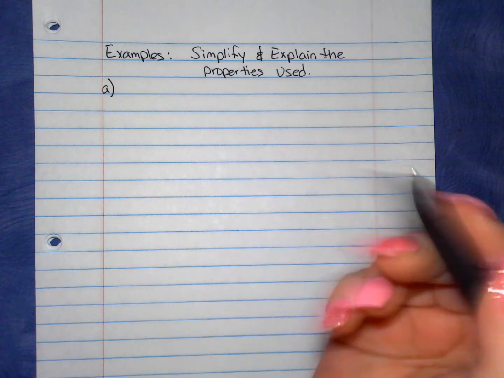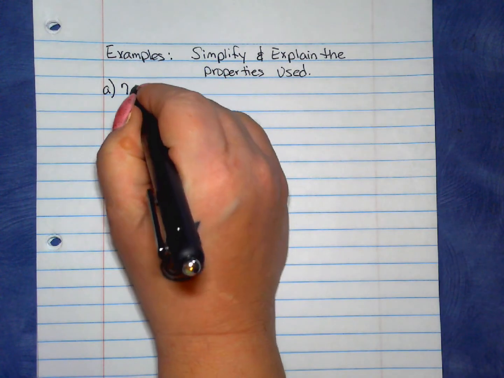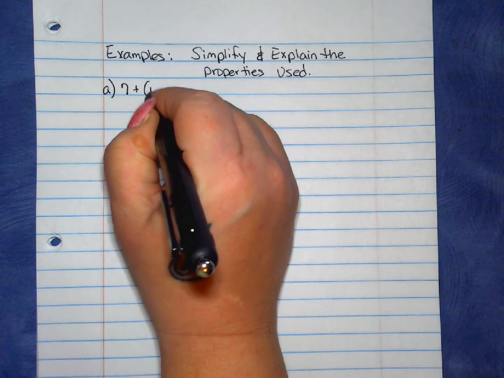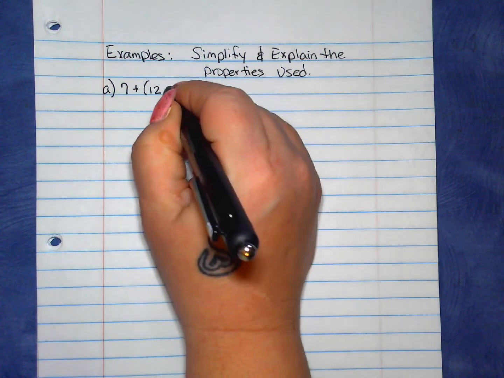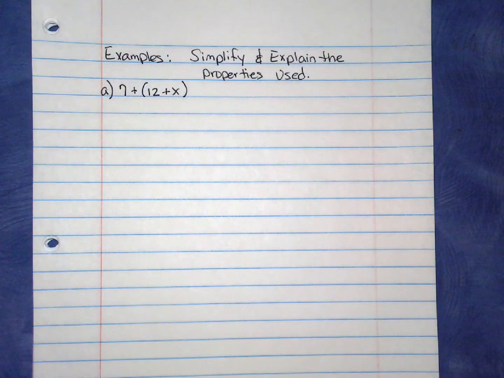So for A, we're going to simplify 7 plus 12 plus X. Okay, so don't be worried just because I threw in a variable. Nothing changes. Remember, the value of this does not change.